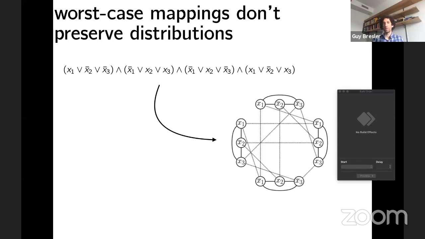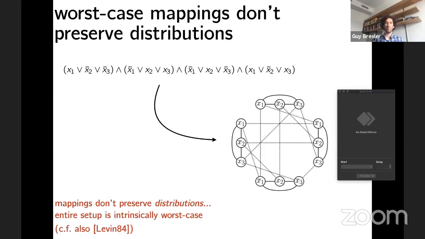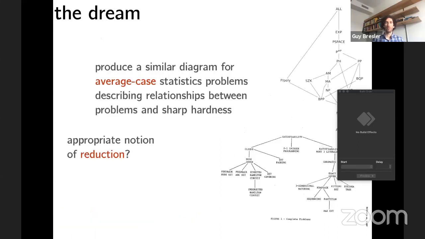So the takeaway is that the traditional way of doing reductions for worst case problems just doesn't work for average case reductions, where one has to preserve the probability distribution over instances. Nevertheless, the dream that we like to advocate is that maybe one can still carry out such a program of doing average case reductions between statistics problems in order to elucidate this landscape of problems and relationships between them.